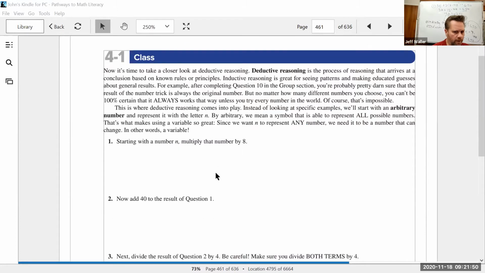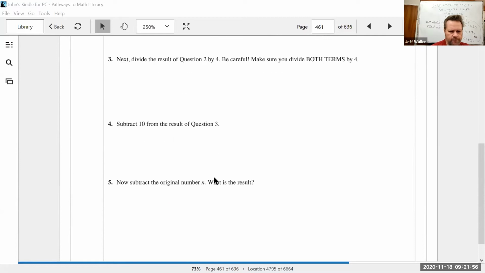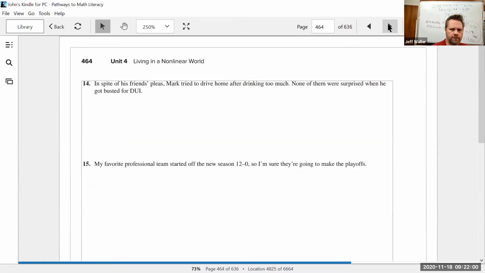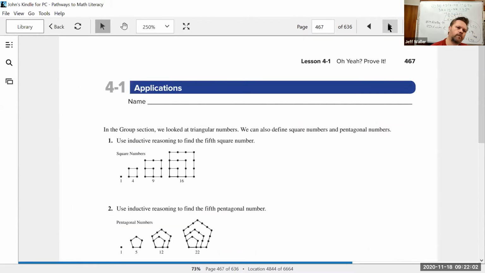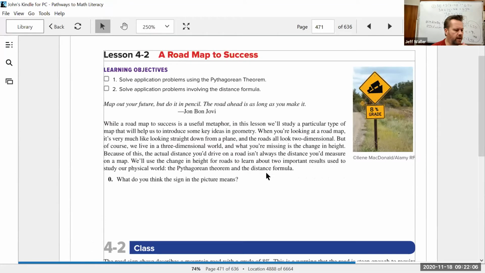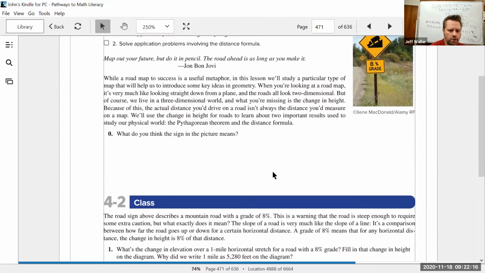So 4.1 was about reasoning, really finding patterns, which is the most fundamental thing math does. And then 4.2 is where we talked about the distance formula, which is really just an application of the Pythagorean theorem. We opened up with a quote from Bon Jovi for some reason.